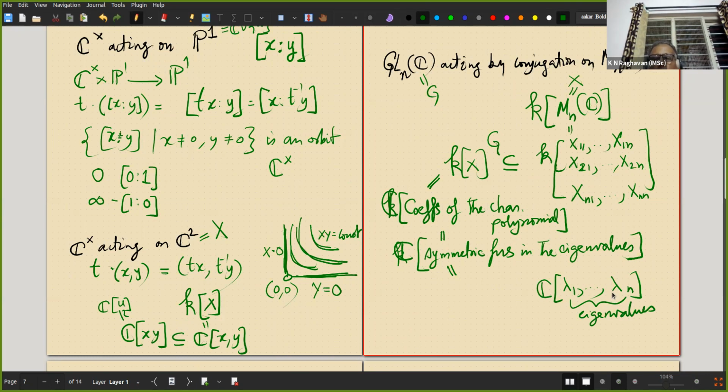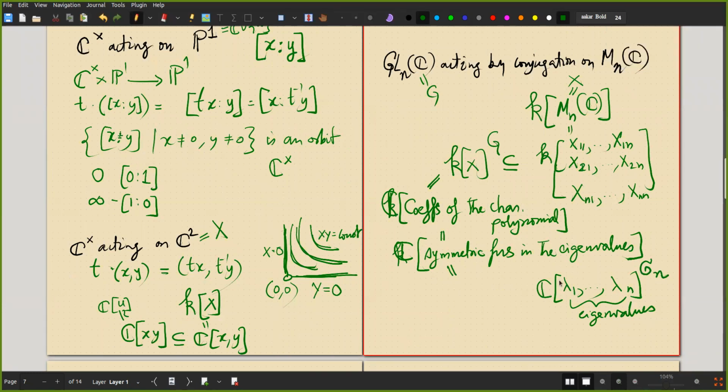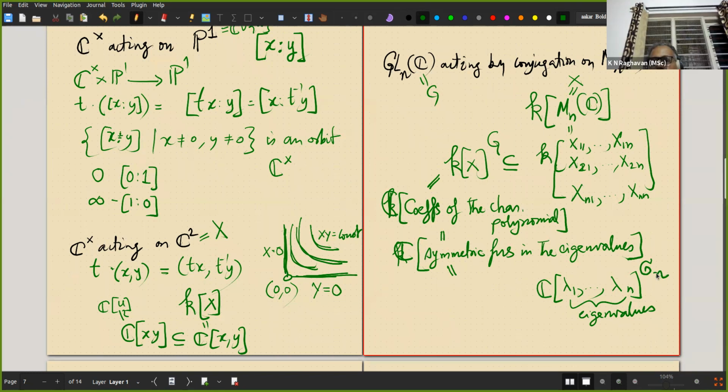They come as a set. Given a matrix, you can't decide which is the first eigenvalue or which is the second. So this actually comes with an action of the symmetric group, and this is like a polynomial ring on which the symmetric group is acting. The symmetric functions in eigenvalues you can think of as the ring of symmetric functions in n variables. That's what this object is. And what is this map? By the way, this thing is also a polynomial ring.